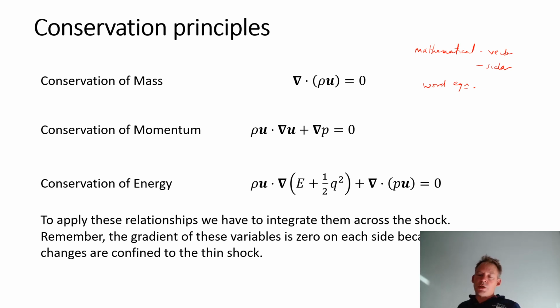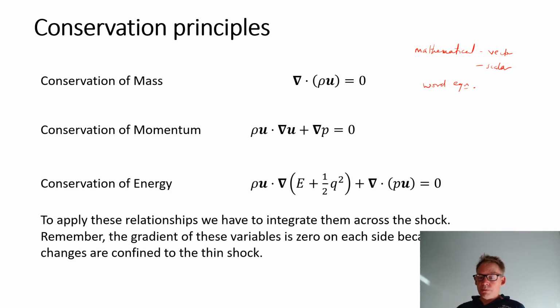And so what we tend to do in many of these problems is to use a word equation. So conservation of mass essentially means what goes in goes out. And in this particular form, for steady flows, it means the divergence of the density weighted velocity is 0.